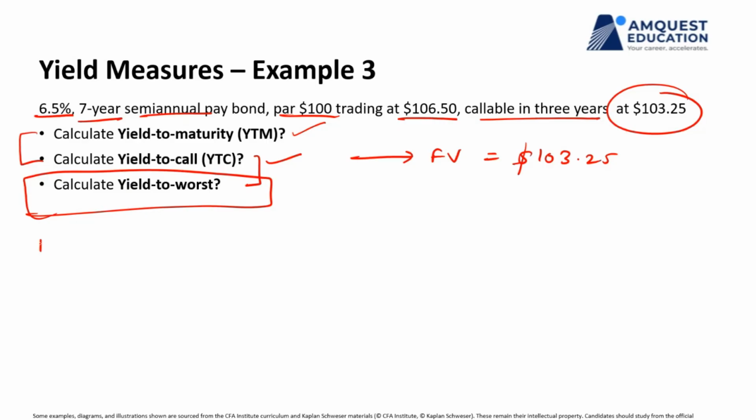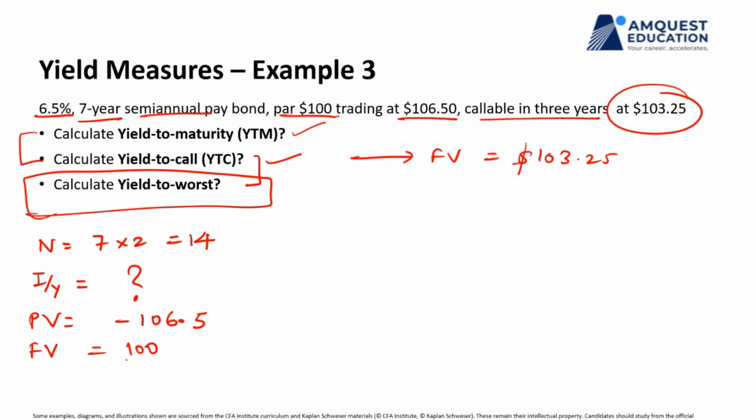So the inputs will be n is equal to 7 into 2, 14. I by Y we have to calculate, that is your YTM. Present value will be minus 106.5. Remember the minus sign because you're going to pay that amount. Face value $100 and PMT 6.5% multiplied by 100 divided by 2.